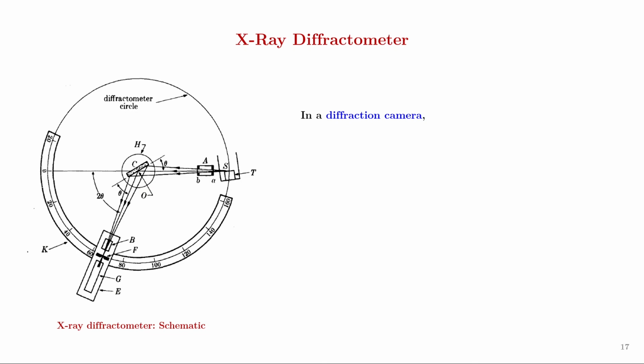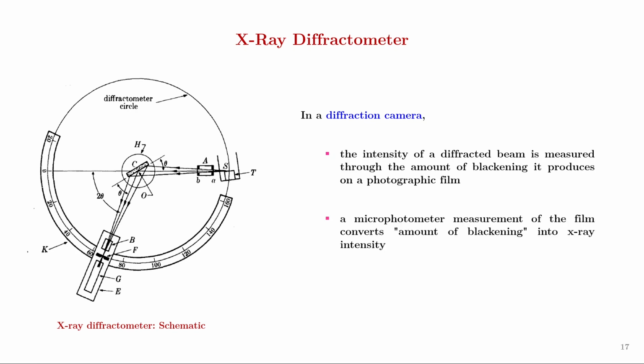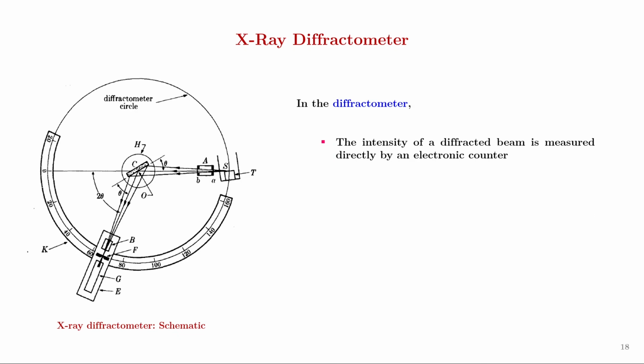In a diffraction camera, the intensity of a diffracted beam is measured through the amount of blackening it produces on a photographic film. A micrometer measurement of the film converts amount of blackening into X-ray intensity. In the diffractometer, the intensity of a diffracted beam is measured directly by an electronic counter.